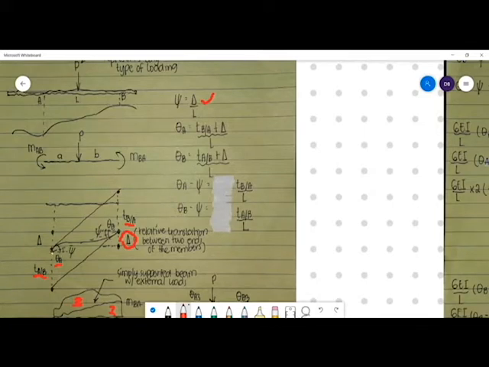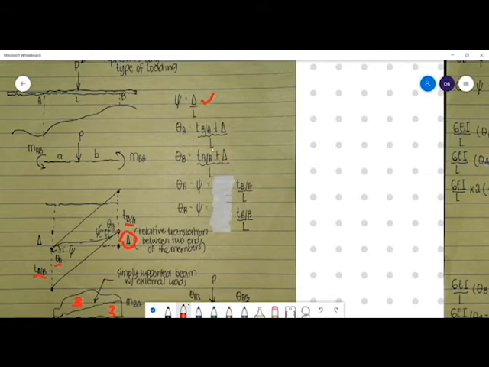From the elastic curve, our theta A is equal to the tangential deviation of B with respect to A plus delta, over L. This is our elastic curve. We take a tangent from A, and this is our tangential deviation, because this is now our new point B. So this is the tangential deviation of B with respect to A and delta.